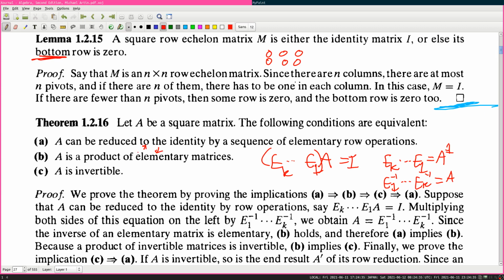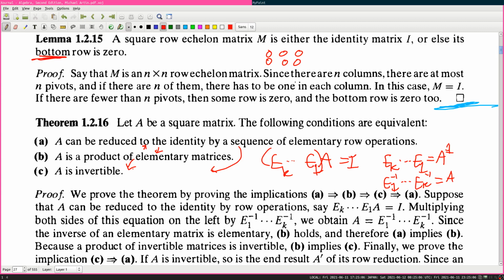If A can be reduced to the identity by a sequence of operations, then A implies C. If A is a product of elementary matrices, clearly B implies C. The conditions are equivalent, so he proves A implies B implies C implies A. And that's kind of cute.